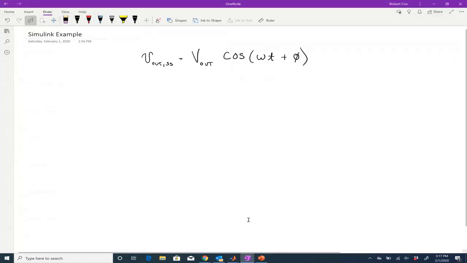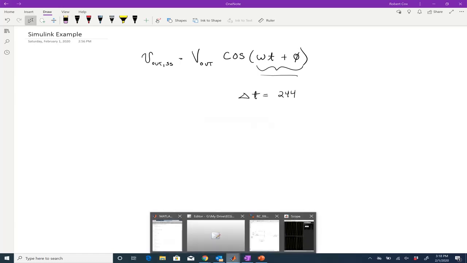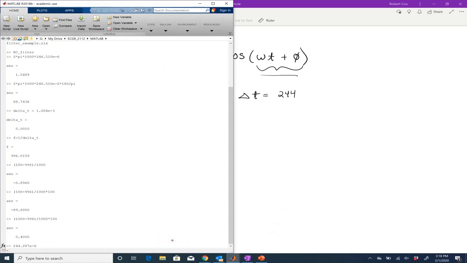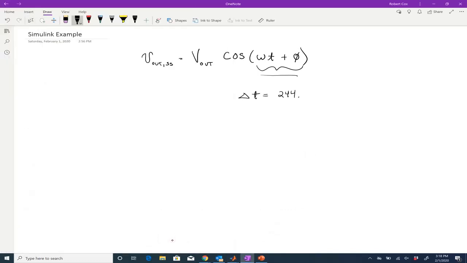So just to understand here, if I want to get a phase difference, essentially what I need to do is convert that time difference, delta t, to how much of an angle it represents in this signal. So that delta t we said was 244.287 microseconds, 244.287 times 10 to the minus 6 seconds.